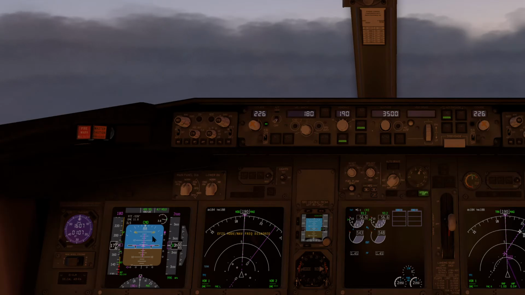The glide slope is active. No localizer yet. DME 10.5.